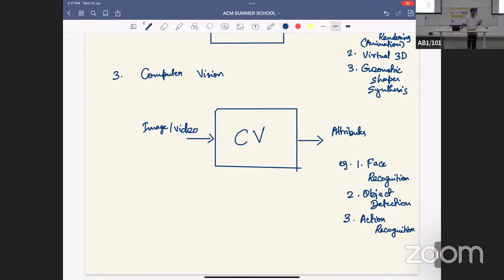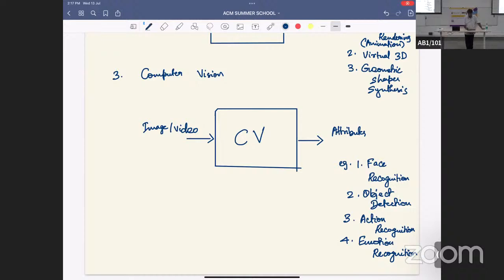Given an image with a person having some emotion, you can see what action he's performing. Through video, you can say action recognition. With a given image, you can also have emotion recognition as a separate topic. Any recognition task is a computer vision task. Emotion recognition could be through video input also. It's fine.